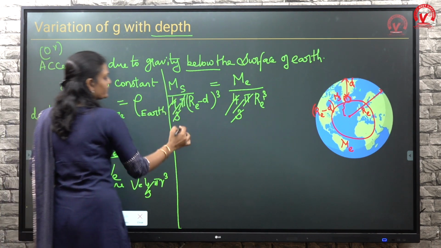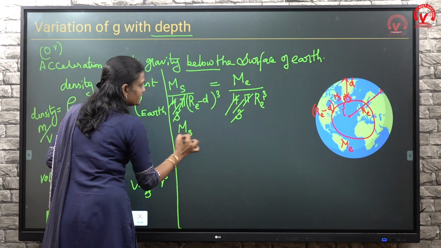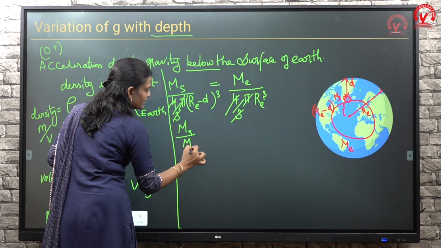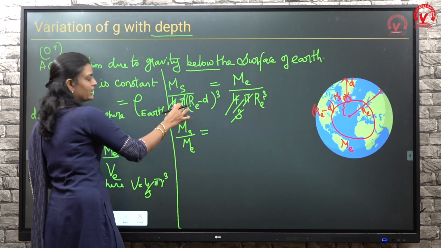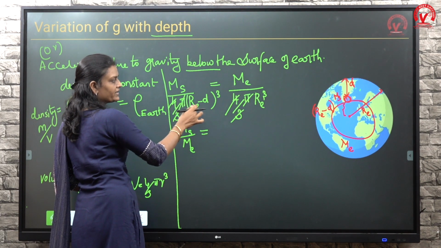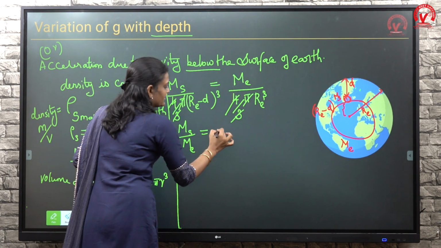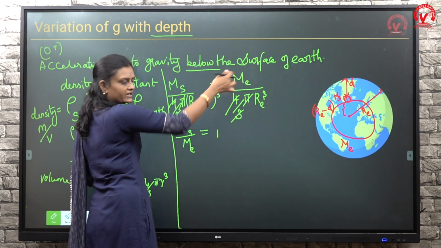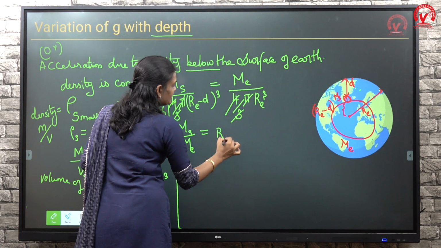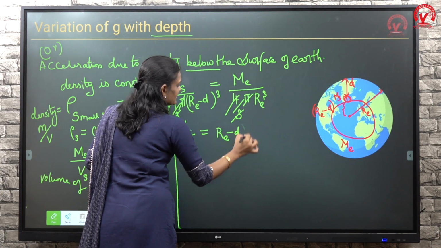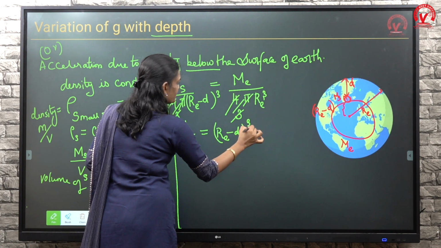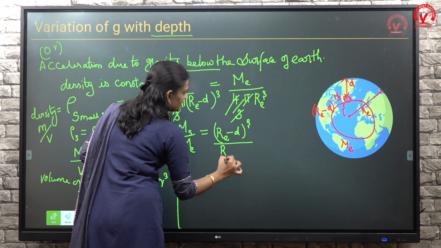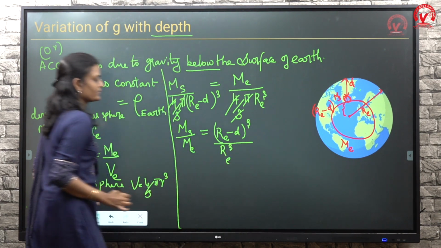Ms divided by Me is equal to, taking the numerator to this side and the denominator to this side, Re minus d the whole cube divided by Re cube.